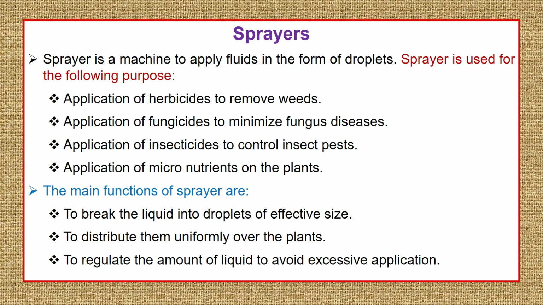Among the plant protection operations, sprayers and dusters are the important equipment and machines which we use. A sprayer is a machine which is used to apply fluids in the form of droplets, and it is used for various purposes.